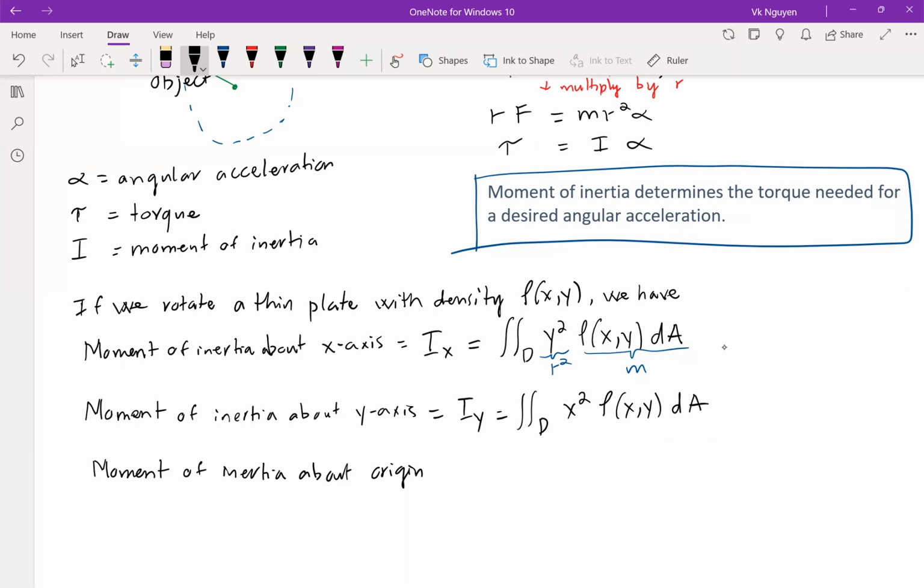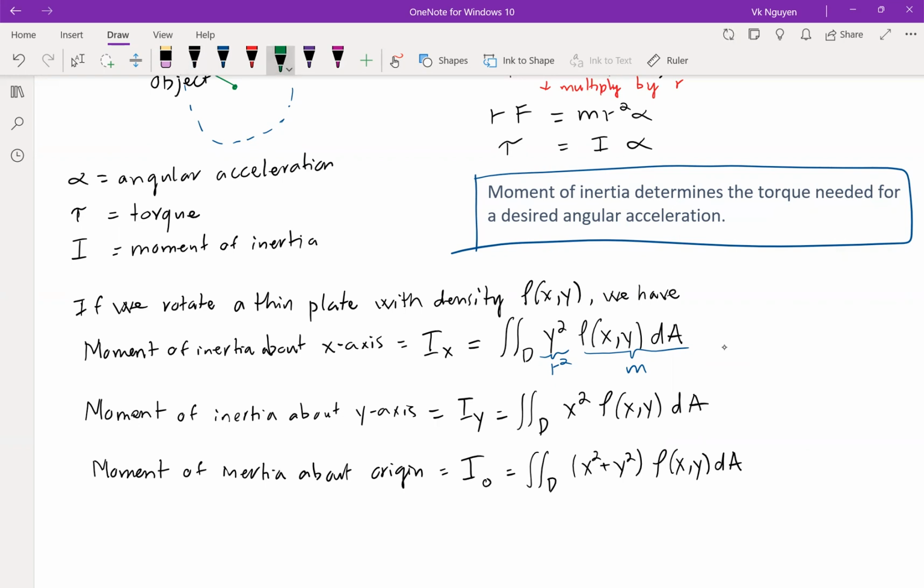It has to be a circle. Okay, so the moment of inertia about the origin is gonna be, well, the distance to the origin is x squared plus y squared, times the mass rho xy dA.